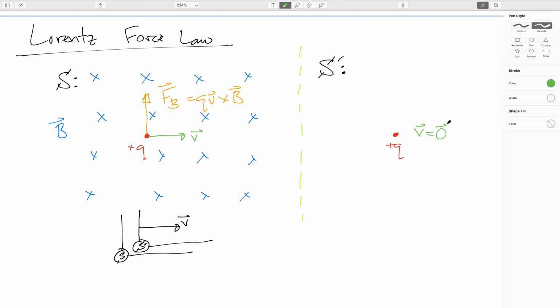Well, that's weird. Because again, physics has to be consistent. In order to not break physics, I mean, we can't have this person saying, yeah, the charge is totally feeling a force up, and this observer, who is just merely moving to the right with respect to the charge, so it seems stationary to them, they would still notice a force up.